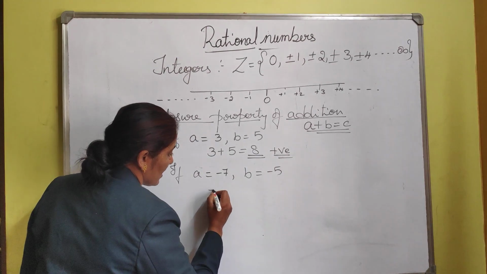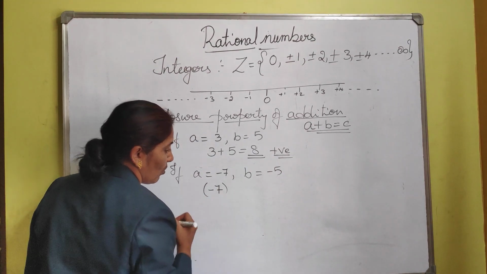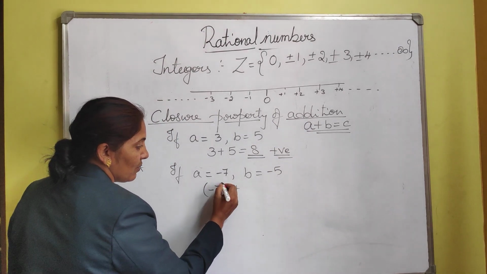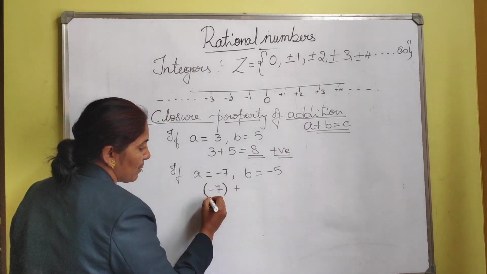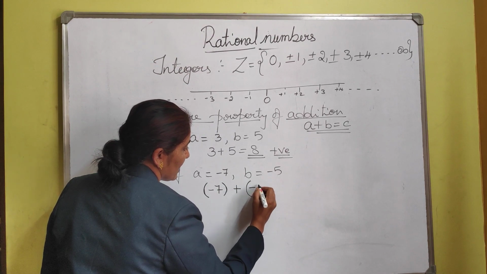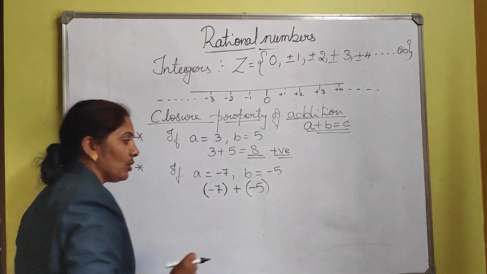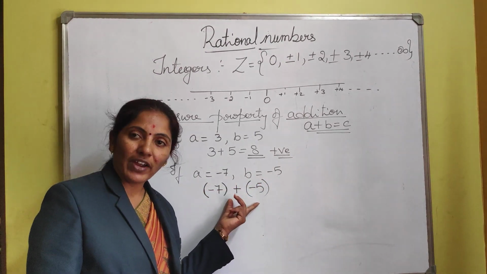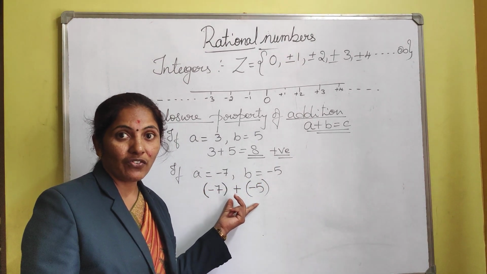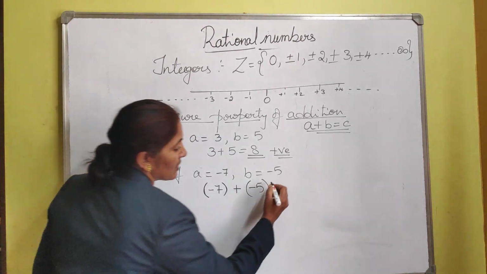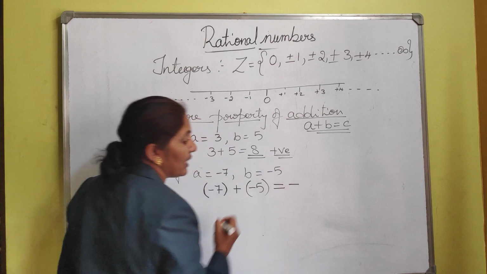I can write this as minus 7 in brackets, plus, since we are doing addition we apply brackets, again minus 5. Keep in mind, when both the integers are negative and you are finding the sum, the sum is also negative.